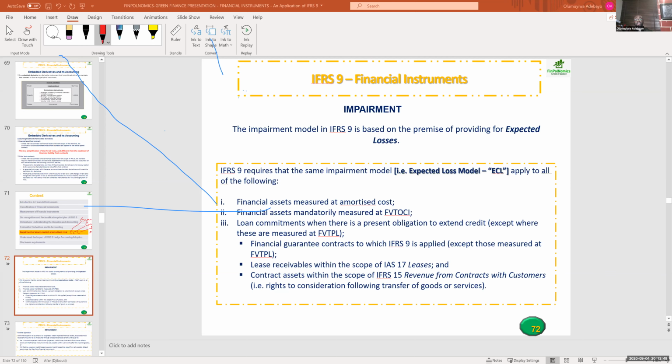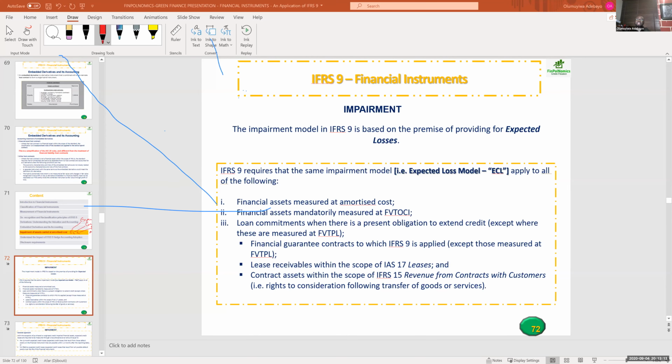Okay, and again, those items that you also subject to impairment are financial guarantee contracts, lease receivables that arose from IFRS 16, no longer IAS 17, and contract assets that will have resulted from your revenue from contracts with customers under IFRS 15.